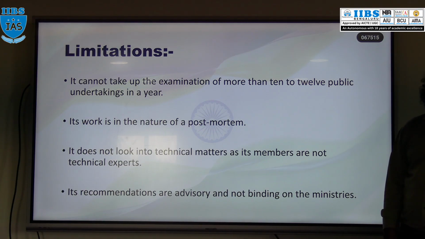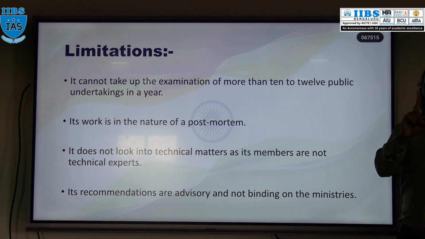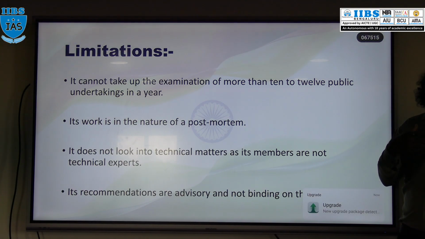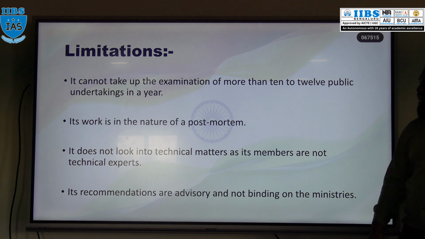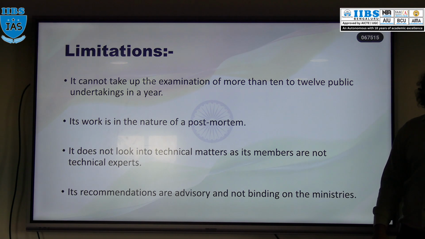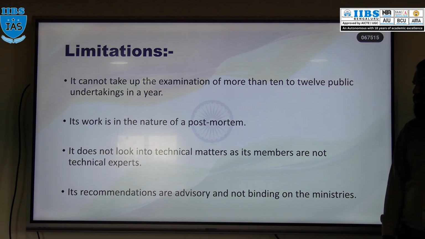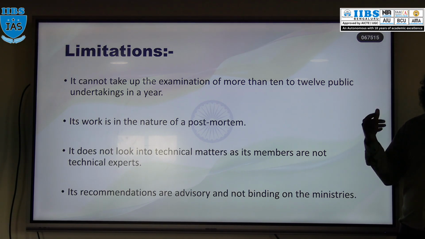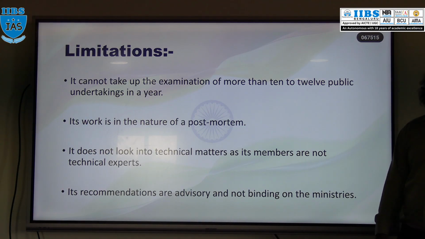Okay, so what are its limitations? In a year this committee can examine the reports or accounts of hardly 10 to 12 PSUs, not more than that. The central government has many companies, but hardly 10 to 12. They are packed with SBI, LIC and ONGC only. They are very big companies. In economics you will study about Ratna, Maharatna, Navratna.